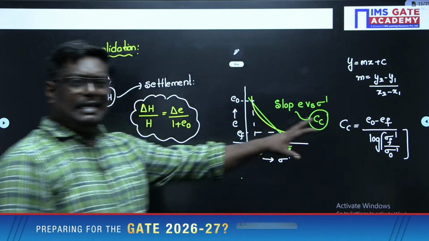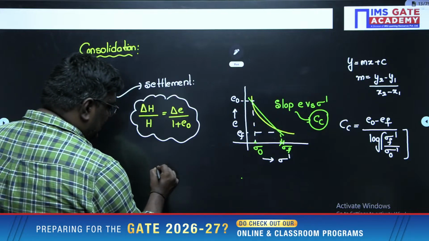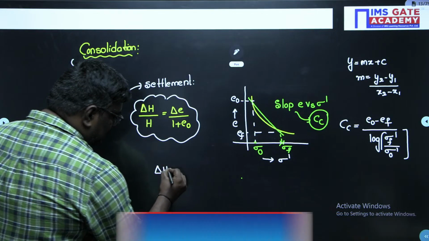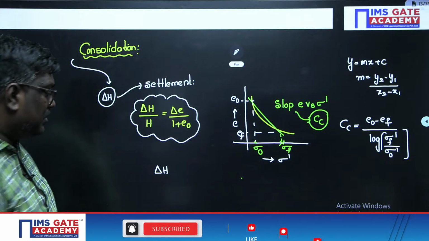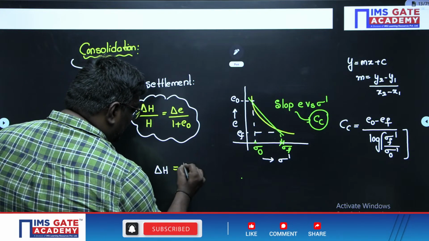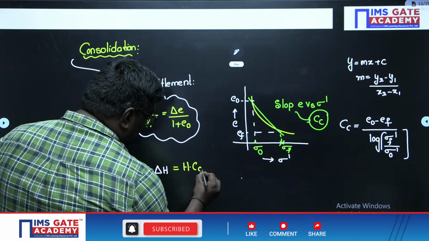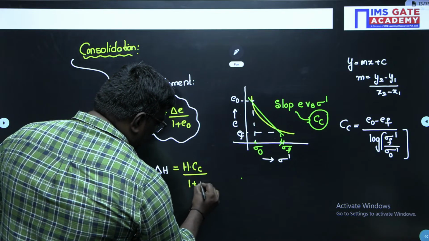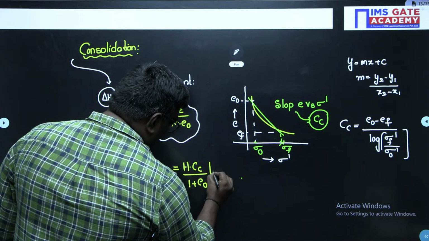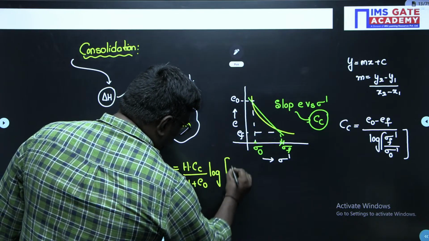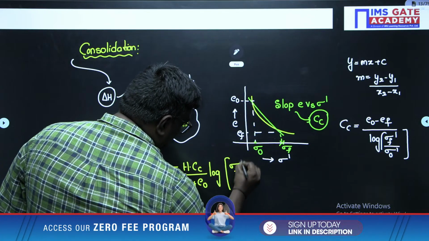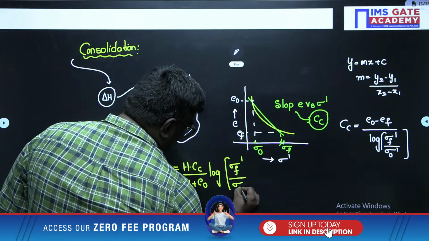So from this equation, if you plug in, what is delta H? We'll discuss this problem. Delta H is nothing but equal to H into Cc upon 1 plus E naught into log of sigma final upon sigma initial.